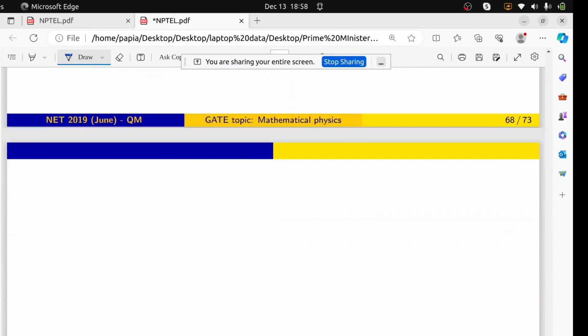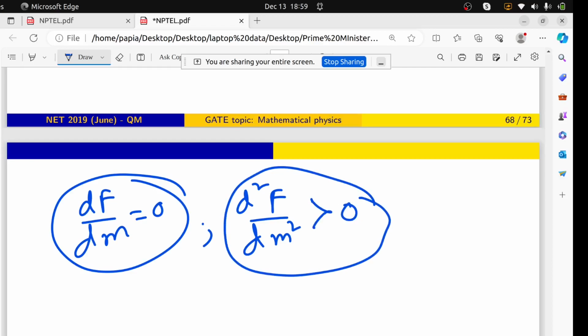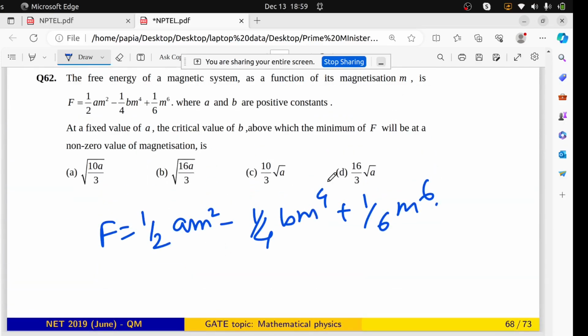So obviously we have to do dF/dm equals 0 first, and then d2F/dm2. Now tell me it is greater than 0, right? For the minimum condition it should be greater than 0. From these two conditions we can get the value of m, that we have to match here.